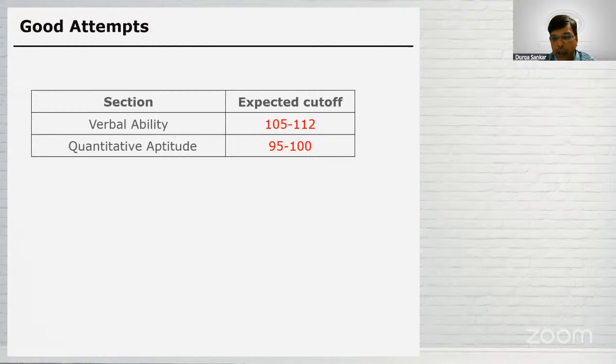At this point of time, 160 or 170 looks very unlikely. So at least from our end, we are not very positive about the fact that it might go down to 160, 170. Let's wait and see.